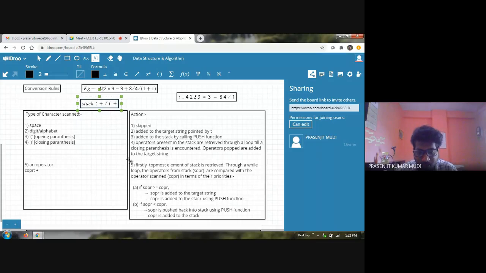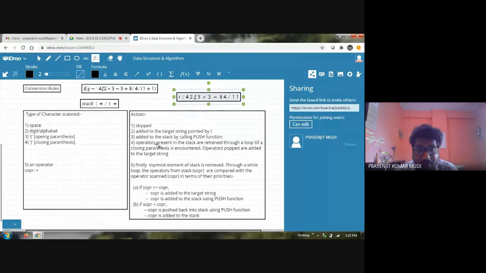Okay. Next is 1. 1 means it will be simply added to the target string. And then interesting thing is closing bracket. So closing bracket is scanned. Now what will happen?